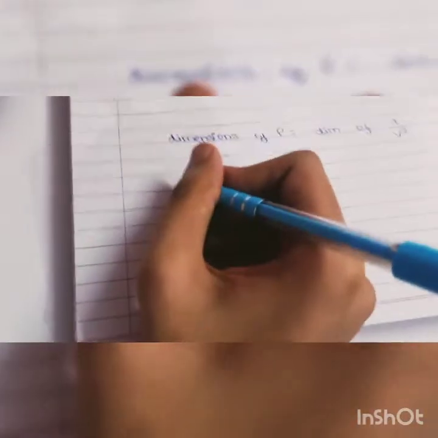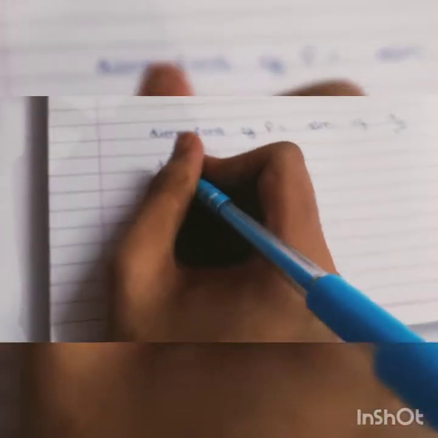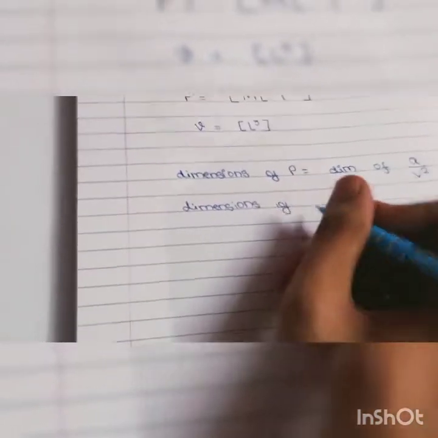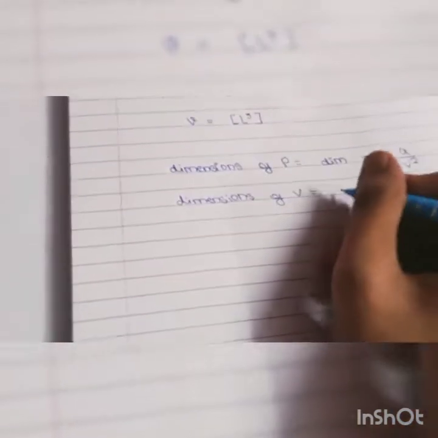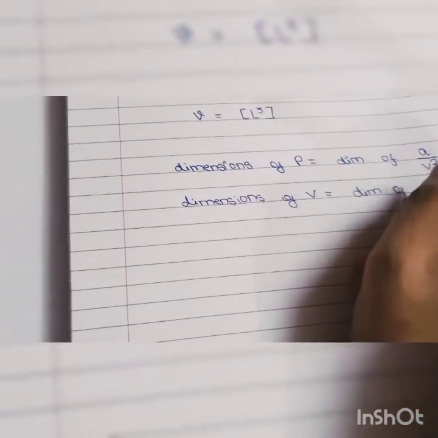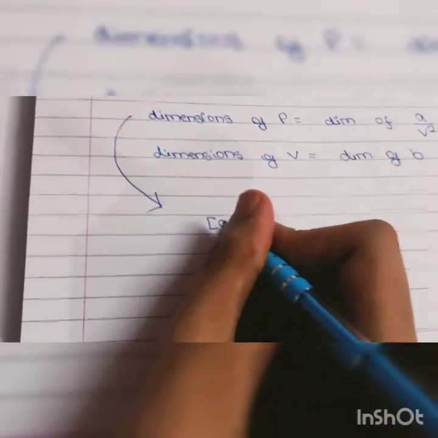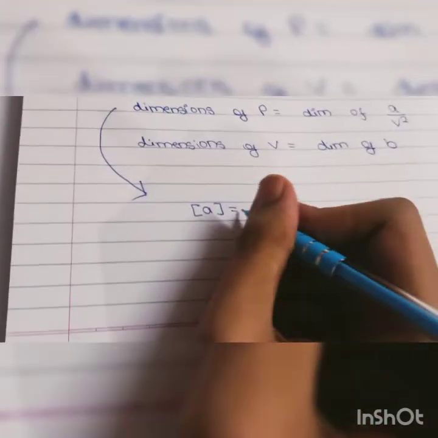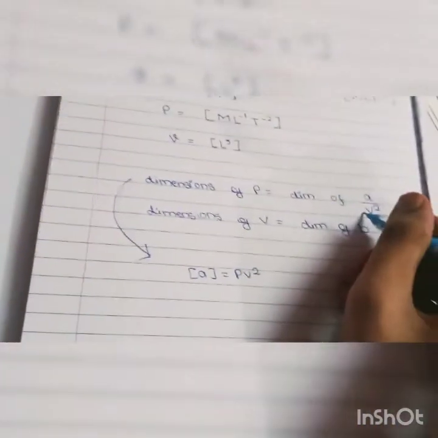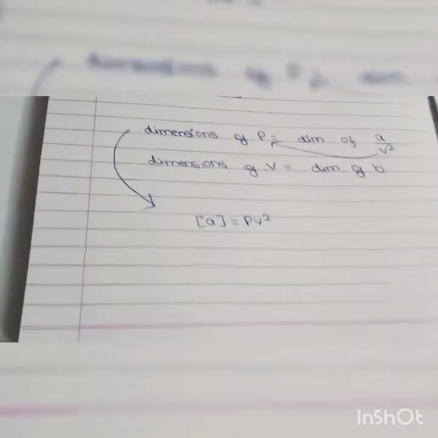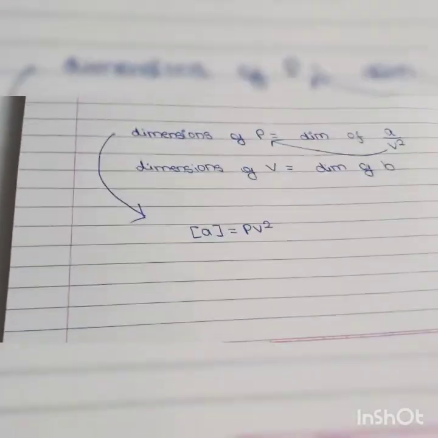So dimensions of V equals dimensions of B. Now for the first, dimensions of A equals P V squared.